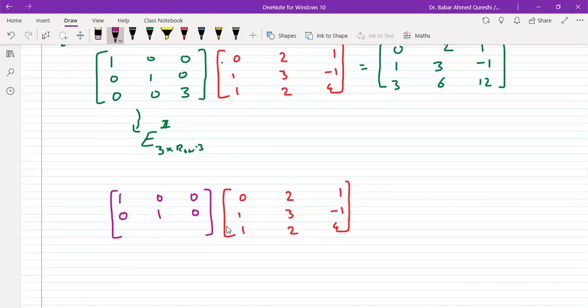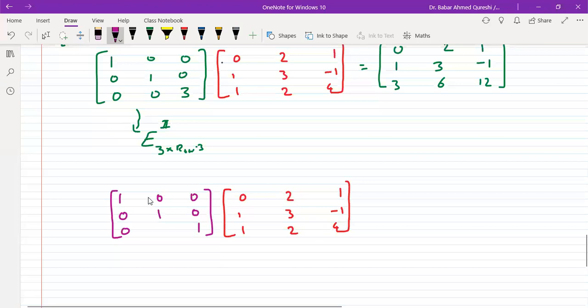Now I want the second row to be added to the third row. So in the identity matrix, this row picks up the third row, and this place picks up, in the linear combination, the second row and adds it to the third row. So I can multiply, I just have to put a 2 here. Well, I wanted to multiply it with a -1.